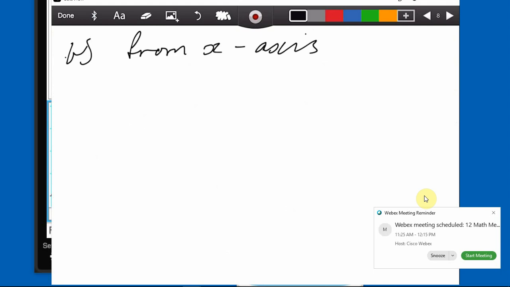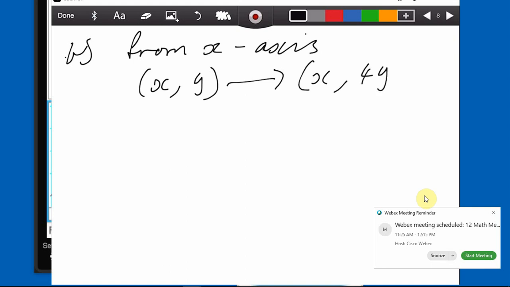What changes is the Y value. And so the Y value gets bigger by the factor, which is 4. And remember, that's our image. So X image is the same as the old X. The Y image is 4 times the old Y.